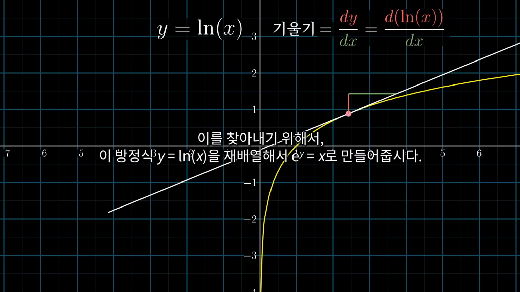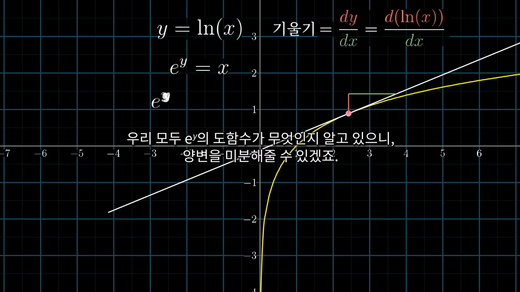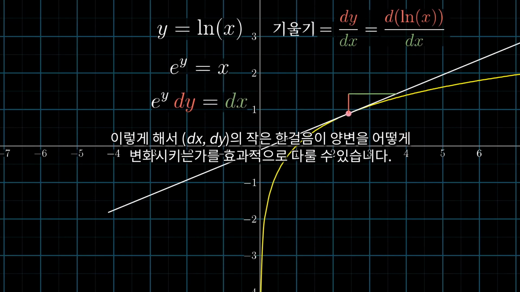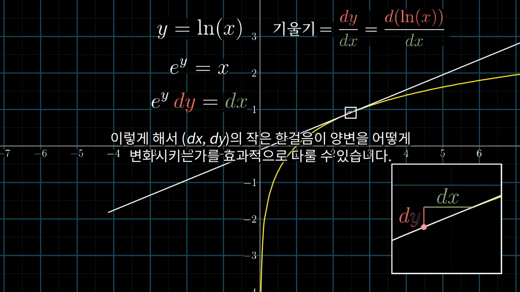Well, to find that, first rearrange this equation, y equals ln of x, to be e to the y equals x. This is exactly what the natural log of x means. It's saying e to the what equals x. Since we know the derivative of e to the y, we can take the derivative of both sides here, effectively asking how a tiny step with components dx, dy changes the value of each one of these sides.